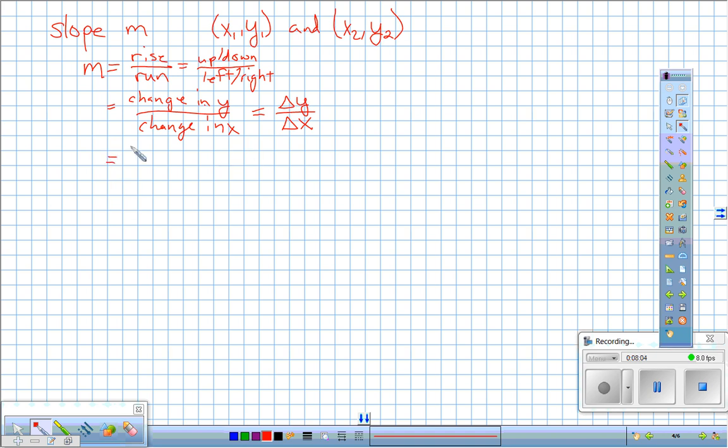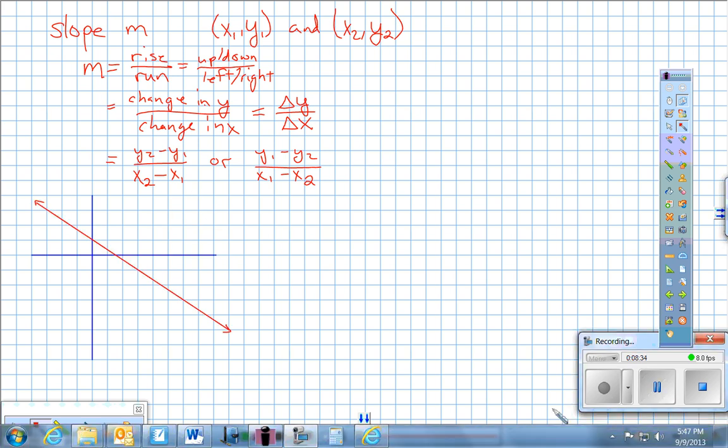And we can think about that in two different ways as well. And these are basically all exactly the same thing. So I have y2 minus y1 over x2 minus x1, or y1 minus y2 over x1 minus x2. Remember that it doesn't matter which order you subtract in as long as you do it the same from both points.